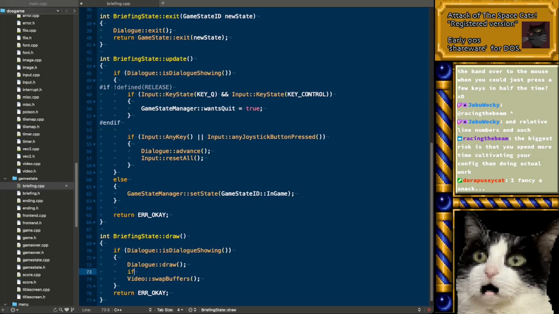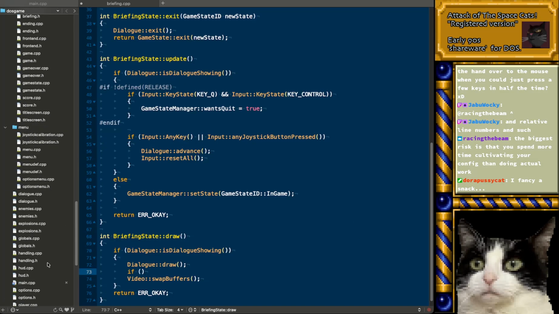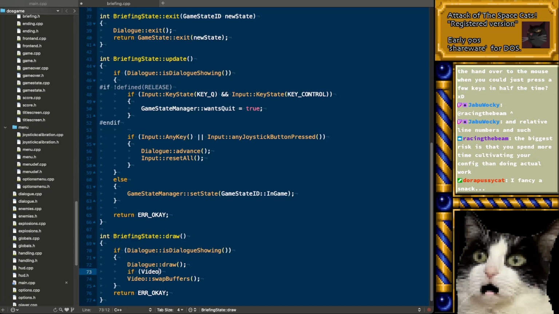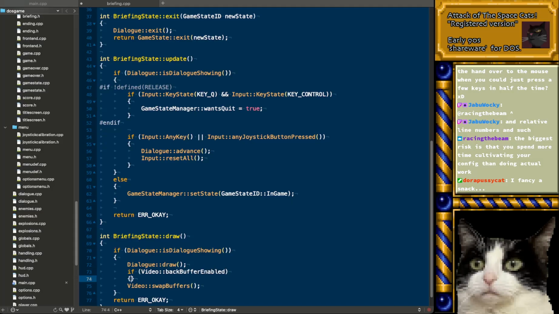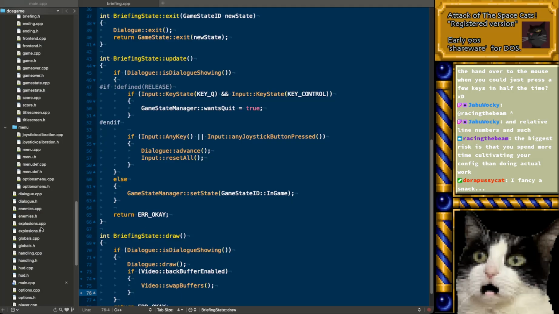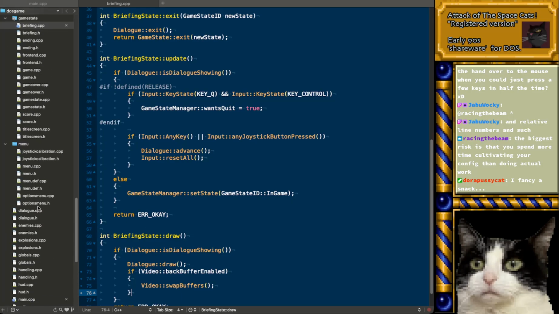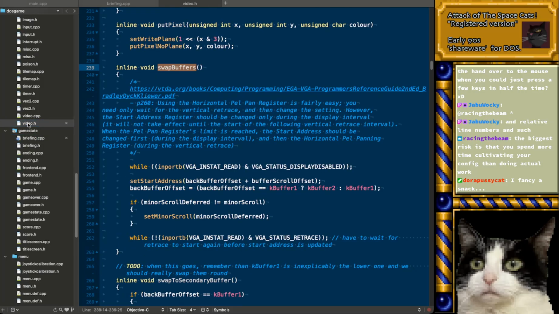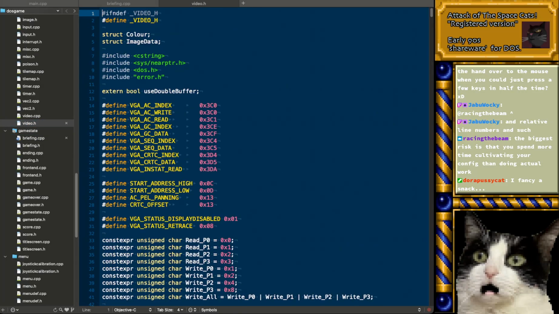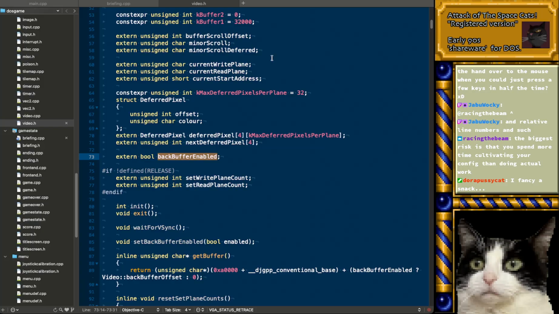Oh yeah, it's the second thing to say if the back buffer is enabled. I think that was what it was called. Engine. Yep.